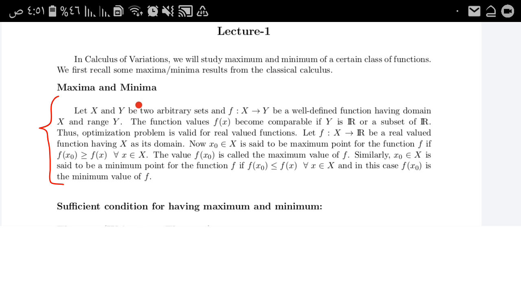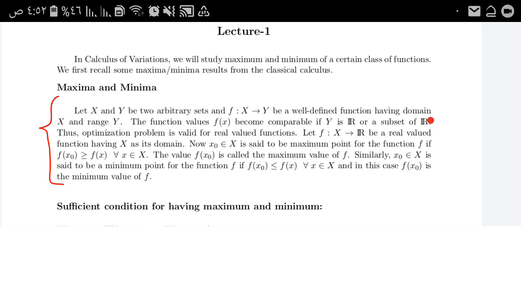Let X and Y be two arbitrary sets, and f from X to Y be a well-defined function having domain X and range Y. The function values f(x) become comparable if Y is R or a subset of R.